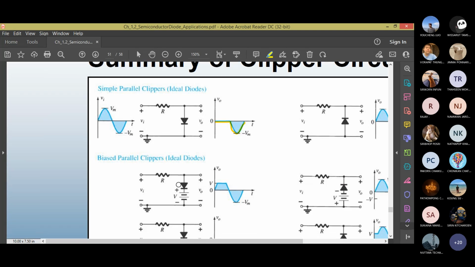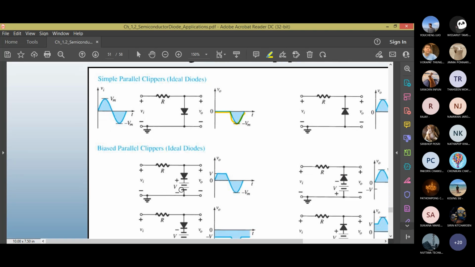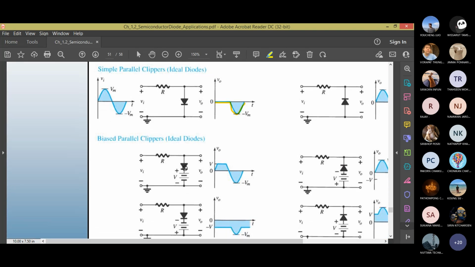You can do parallel clipper with biasing inside. What do you get for the positive half cycle now? This one is short, but you have V, right? This is V. From here to here is V. So instead of getting 0, you get a value, which is presumably less than the input voltage. For the negative half cycle, you get minus Vm. Any questions for these slides?